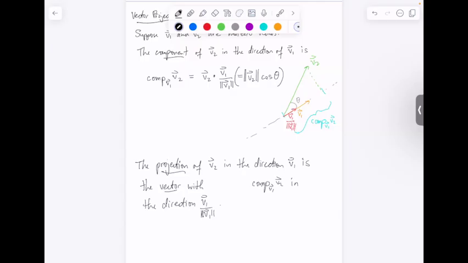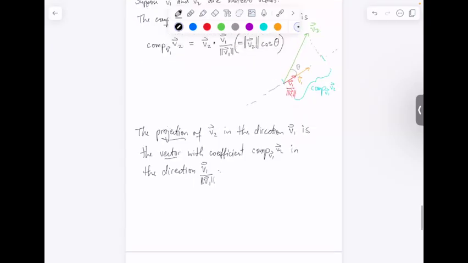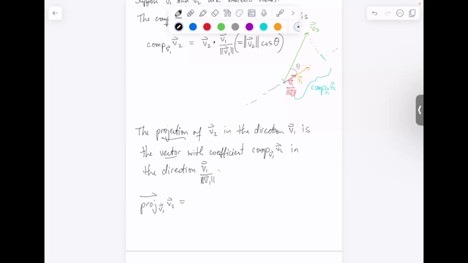It's a number, but it might be negative. Maybe I'll say with coefficient. So what I mean is the projection is a vector and is given to you by the component times the unit vector in the direction of v1. Expand this whole thing out and you get something pretty nasty, but same thing as v2 dotted with v1 over the magnitude of v1, and then you've got to multiply that by v1 over the magnitude of v1 again.